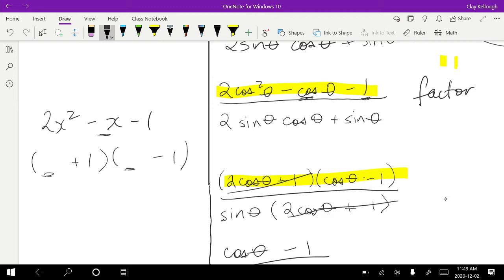Think that through. This number times this number is that number. This number times this number is that number. And then the middle is the addition of this product and that product.